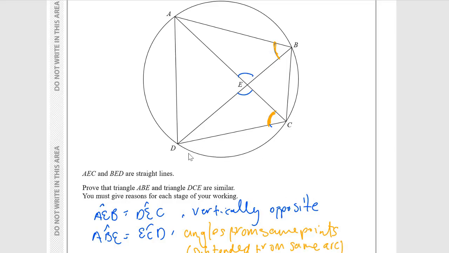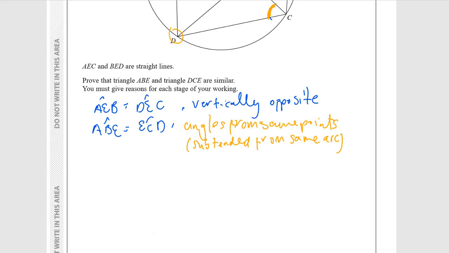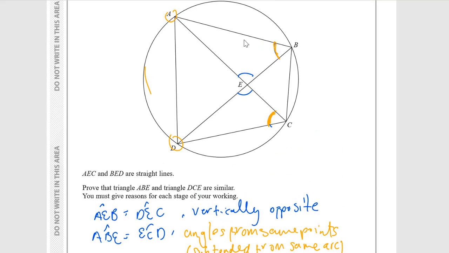Yeah, so that's just terminology. So this is the arc, and they're subtended from the same points. So angle BAE is going to be equal also to angle BDC. So BAE is going to be equal to BDC.